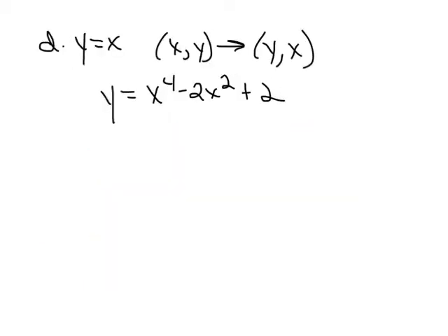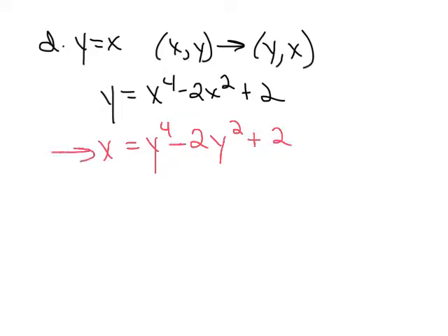Now, for the line y equals x, we're going to switch them around. (x, y) maps to (y, x). So what you have to do is replace the y with an x and the x with a y. And that gets a little goofy. If I were to do that, it looks like this: x is equal to y to the fourth minus 2y squared plus 2.